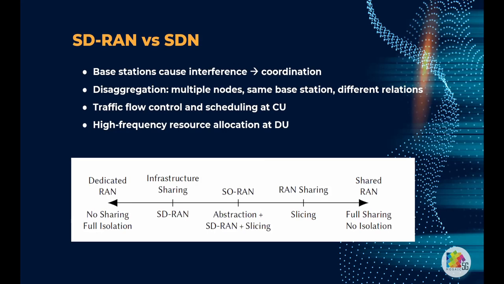On the other side of the spectrum, you could say, okay, I want to share my RAN 100%, like MORAN, multi-operator RAN, which allows sharing the radio access network among the operators. So here you have full sharing. The operators can share the spectrum, but there is no isolation.